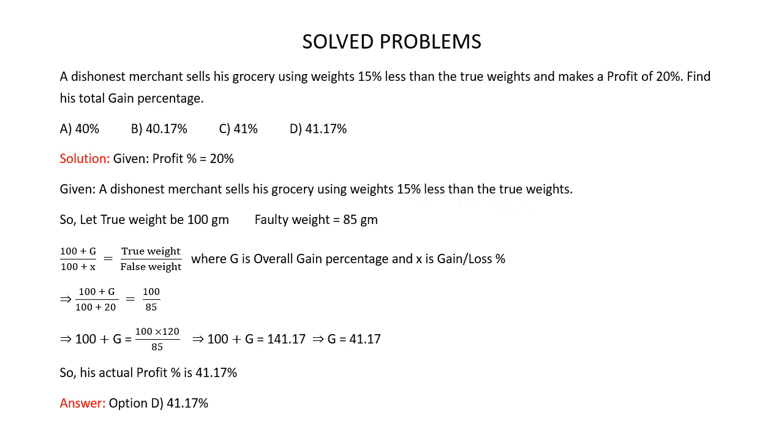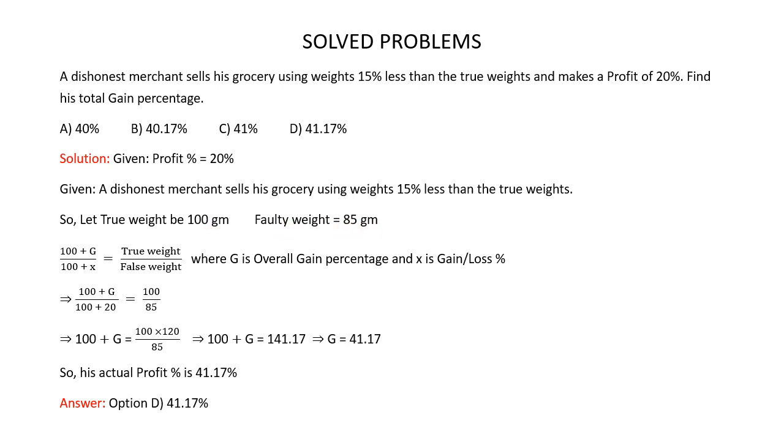Now here it's not given what is the true weight. So let's assume that the true weight is 100 grams. Then faulty weight will be 85 grams because he is using weights 15% less than the true weights. So true weight is 100 grams and faulty weight is 85 grams.